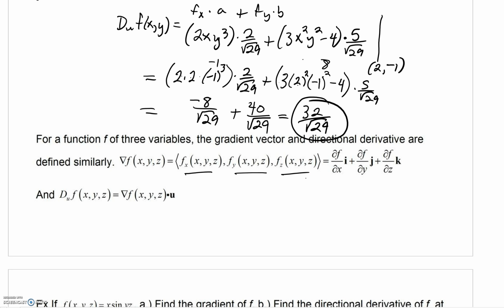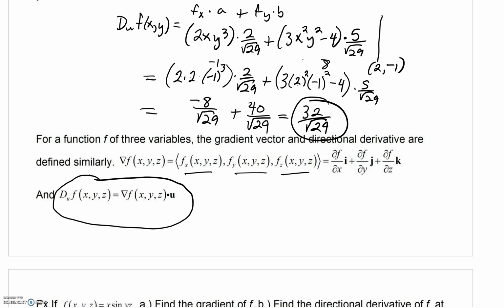You could also write that in IJK notation. Very similarly, as we just saw up above a little while back, the directional derivative could also be thought of as the gradient of f dot producted to the unit vector.